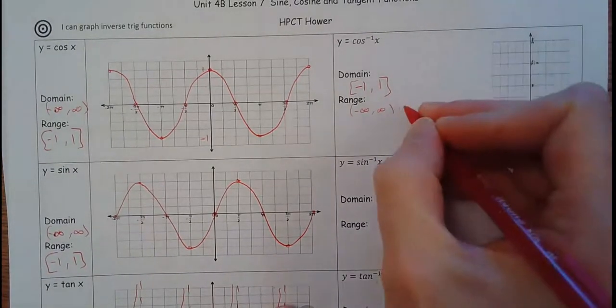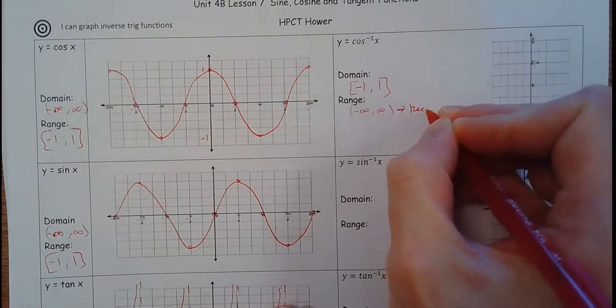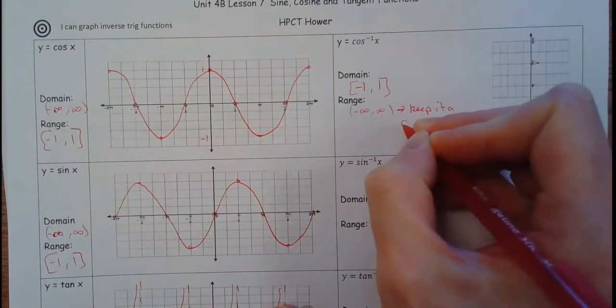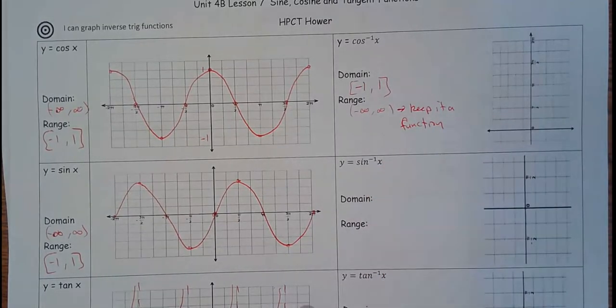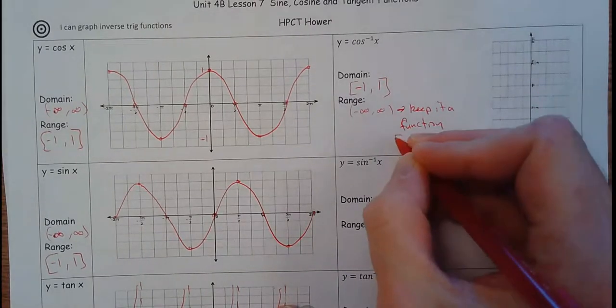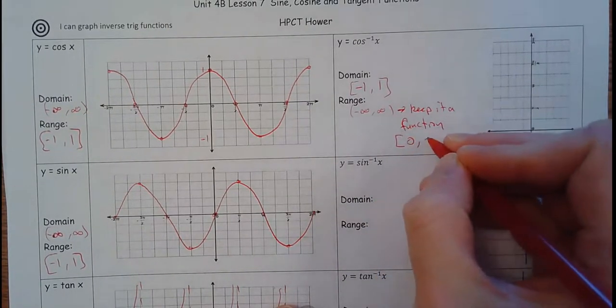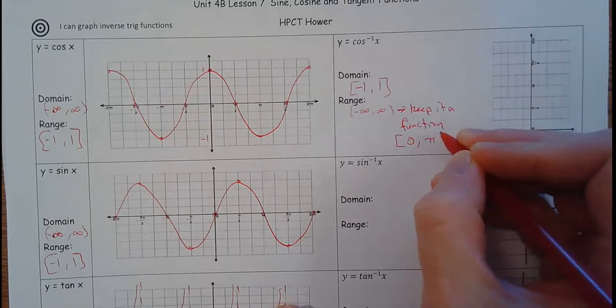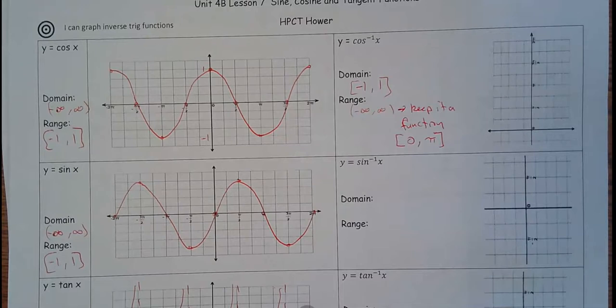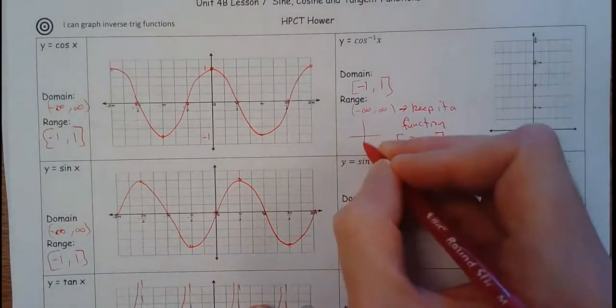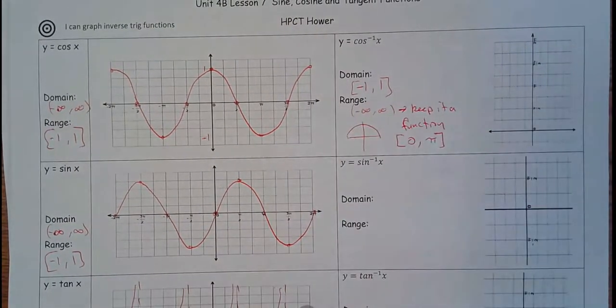So in order to keep it a function, we limit the range. I only want to deal with from 0 to pi, which is the top half of the unit circle.